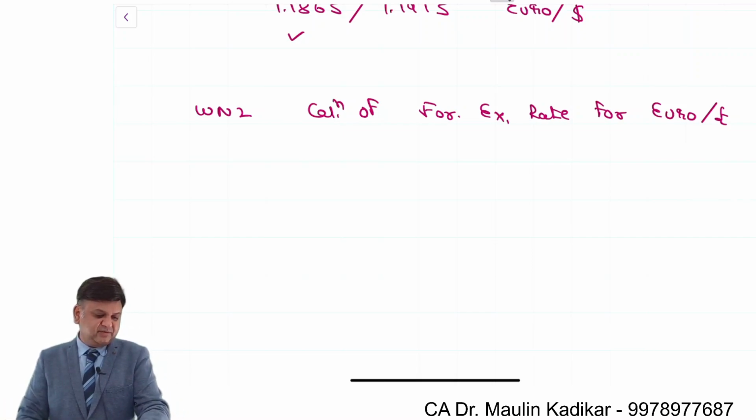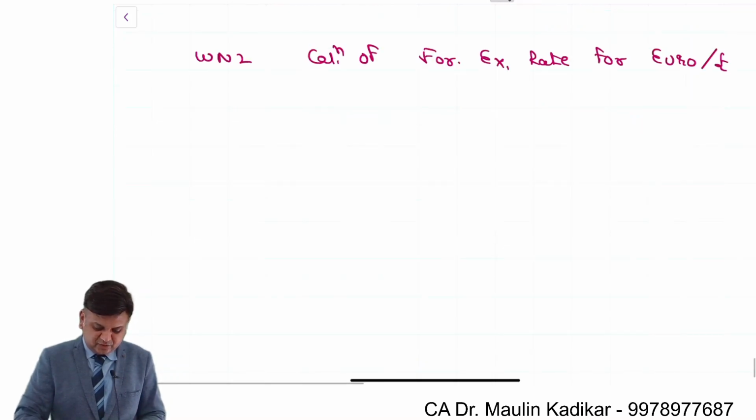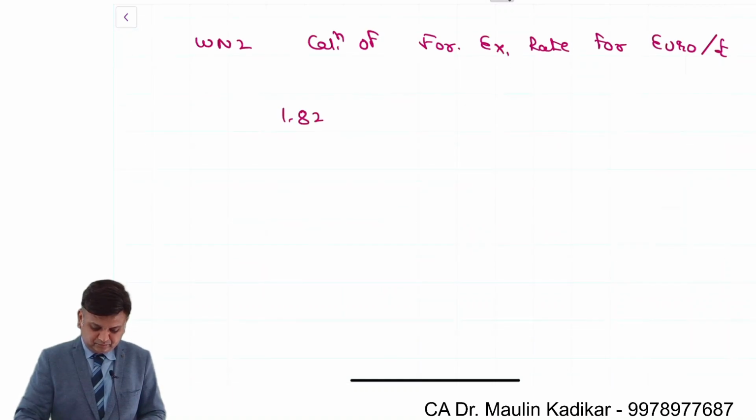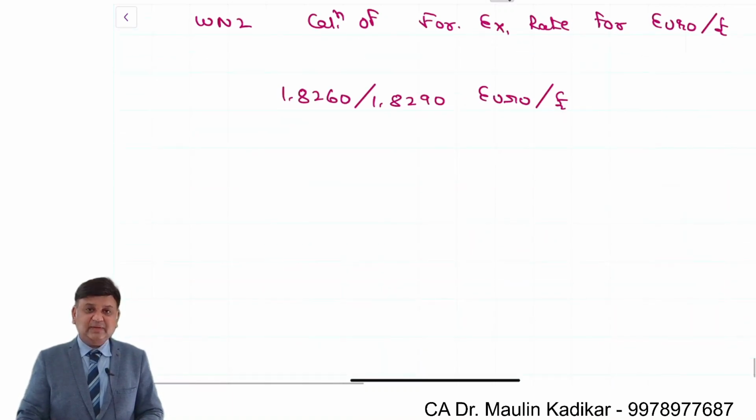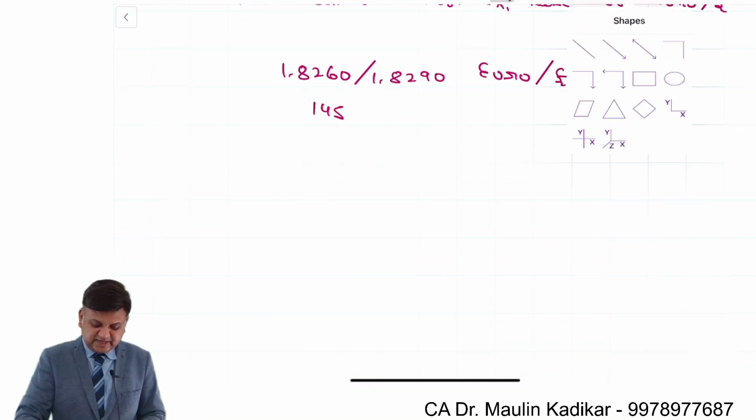Spot exchange rate is given to us in the question as 1.8260 slash 1.8290 euro per pound. As far as the 3 months is concerned, it is 145 slash 140.